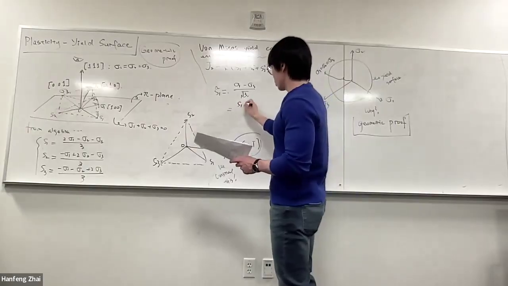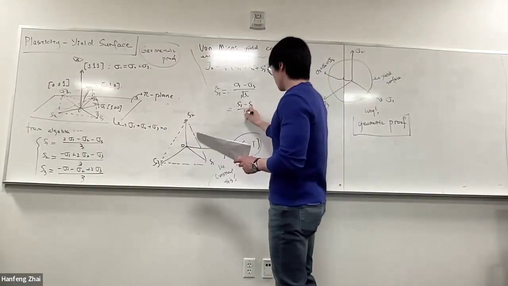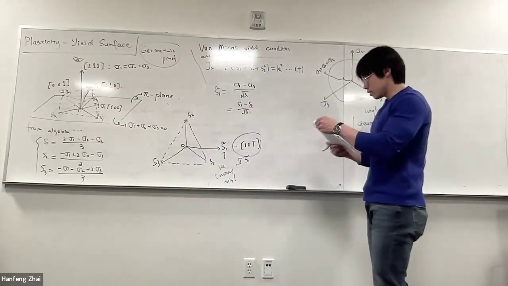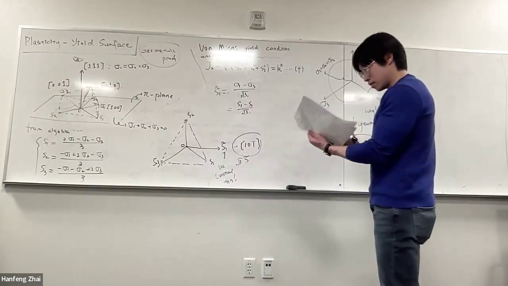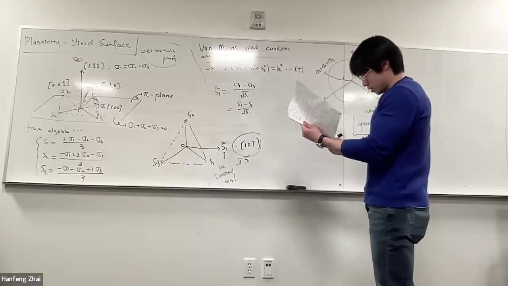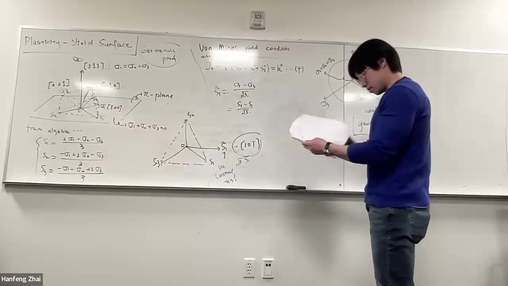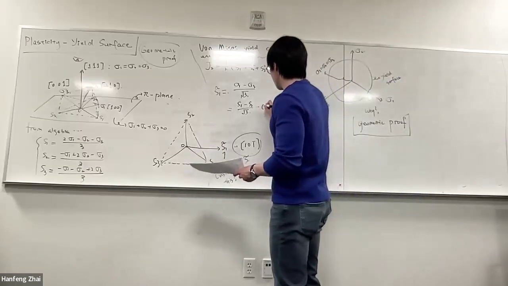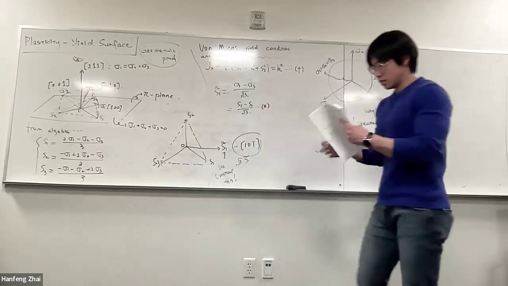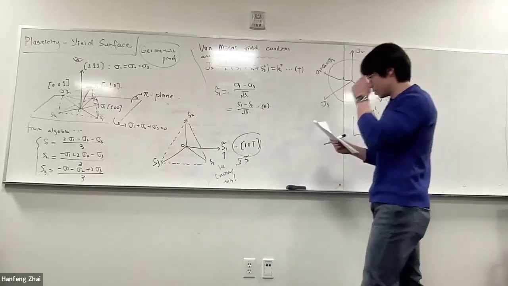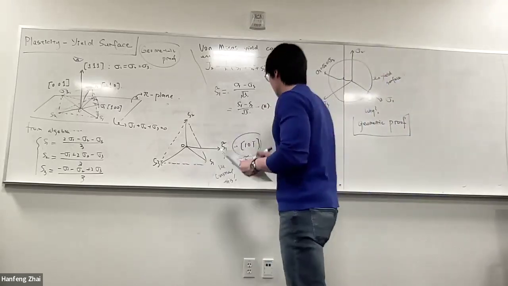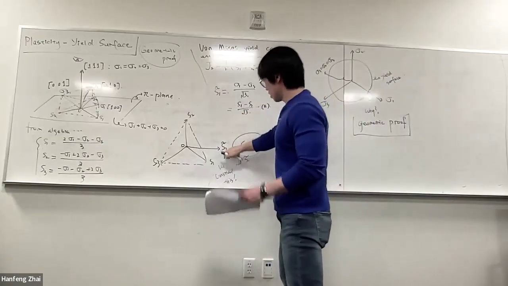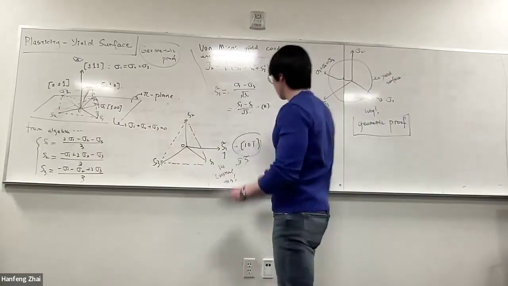But this turns out to be S1 minus S3 over square root 3. Okay. And we define this equation as equation star. And this is a pure geometric construction of S1 tilde based on S1, S3.